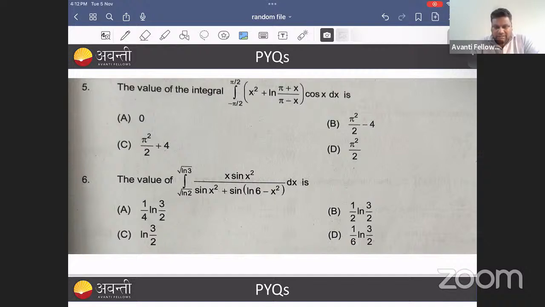Others also attempt. Yes, anybody else? All right. Somebody marked answer Bombay. Yashwant, is that you?